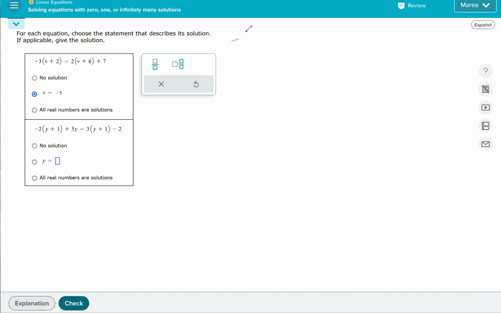So we have -2, and then the parentheses y plus 1 plus 5y equals 3, parentheses y plus 1 minus 2. So we're going to do our distributive property first on both sides here. We have -2 times y is -2y. -2 times 1 is a -2.